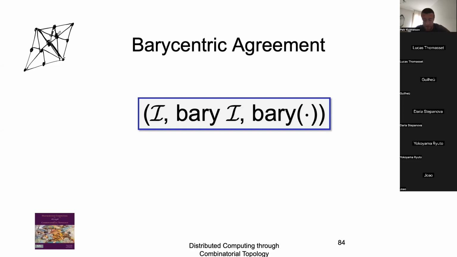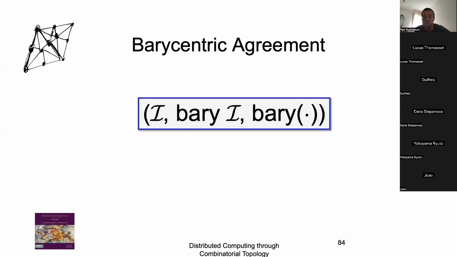For example, it takes a simplex with a face, for example this one. As the output of this barycentric carrier map applied to this simplex, we have these two simplexes. This is the barycentric subdivision of this face. That's it, not more than that. So you can see that this is indeed a barycentric agreement task. You start with a simplex and you end up on a simplex within the barycentric subdivision of this simplex.